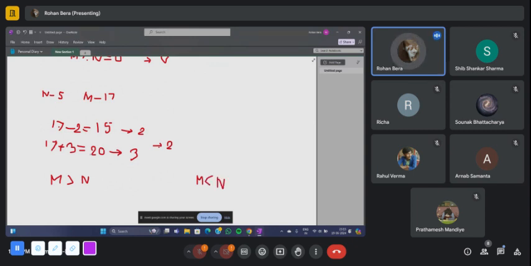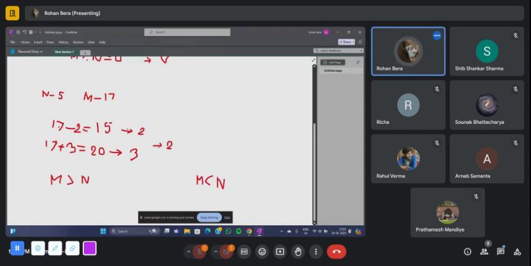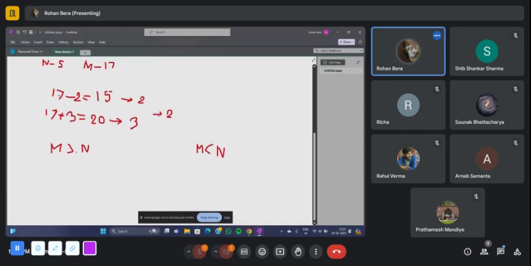If m is greater than n, that means the number of cookies is more. In that case, I can either destroy cookies or add cookies, and in either case, I'll get a time. So first of all, I need to find how many cookies I can destroy so that it reaches a number which is divisible by n.